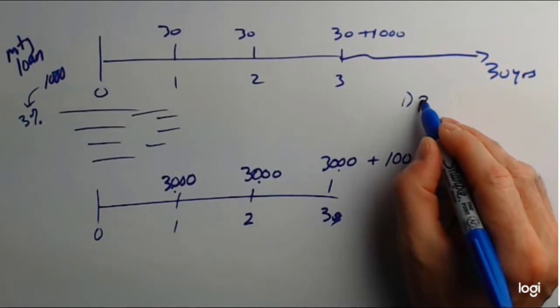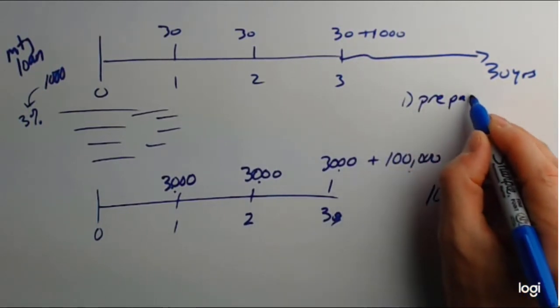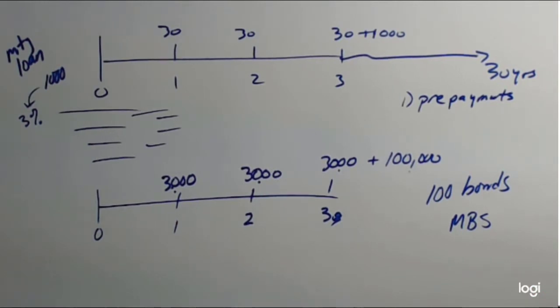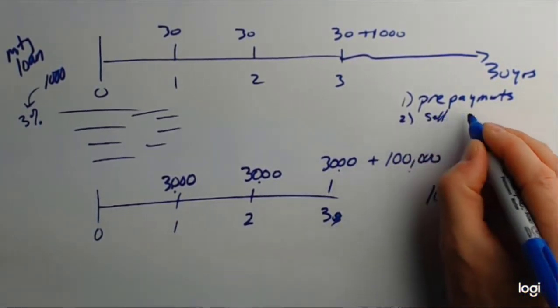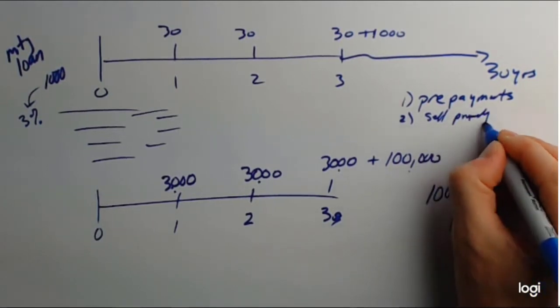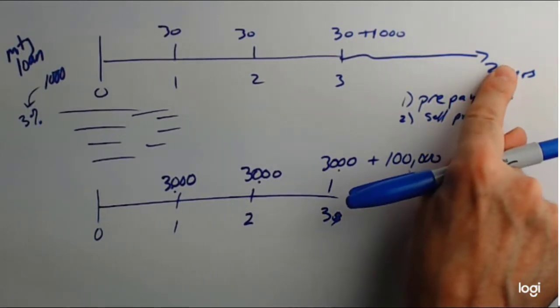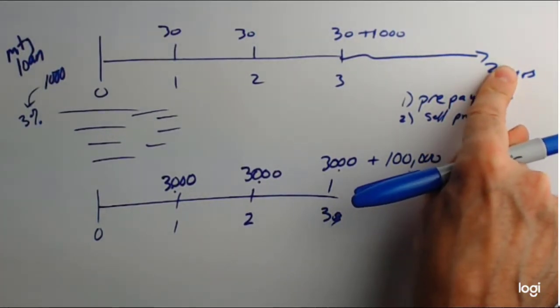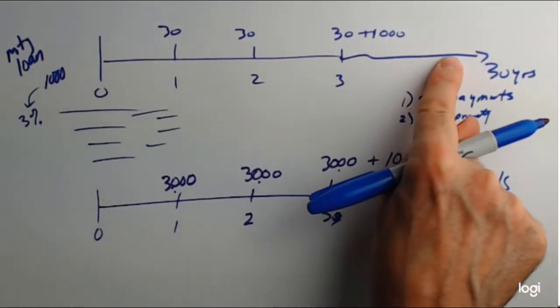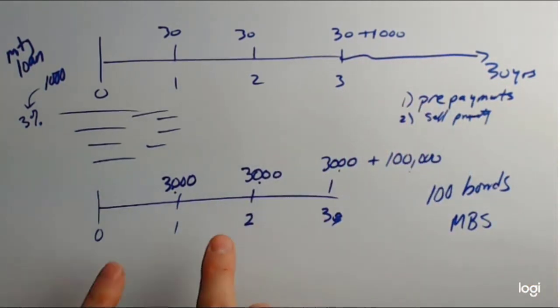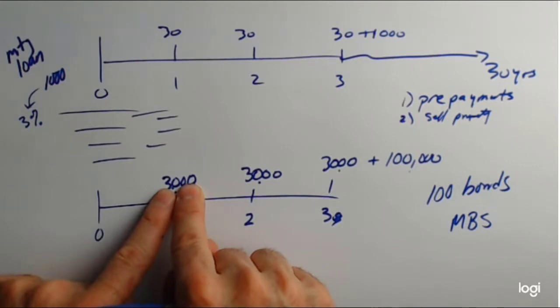So prepayments, just in general, by mortgage holders. But often what happens is mortgage holders sell the underlying property. When they sell the underlying property, they pay off the mortgage. So this mortgage rarely lasts 30 years, because a lot of people sell their house before then, which means when they sell their house, they pay off their mortgage. So the cash flow comes back very quickly, much sooner than anticipated.